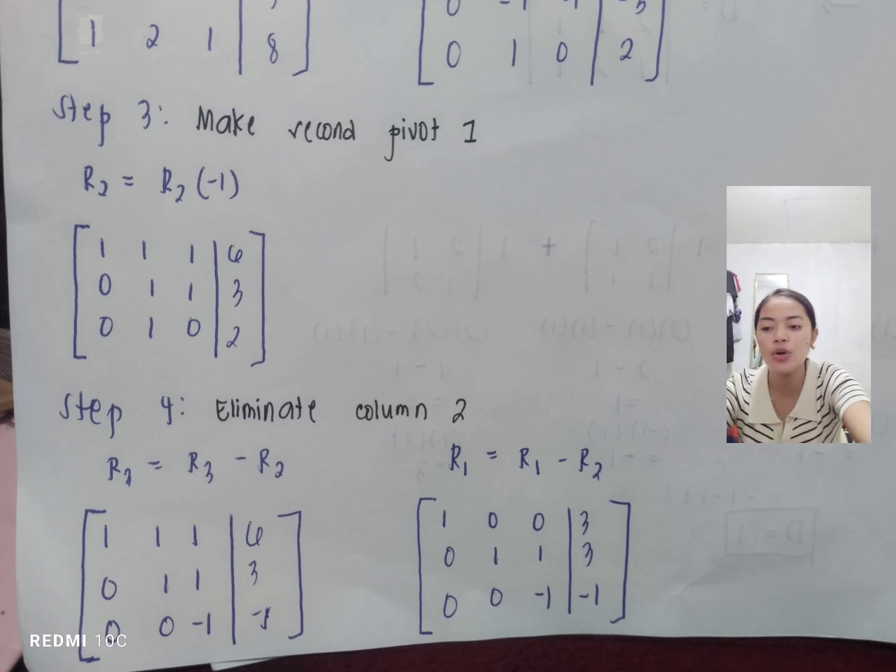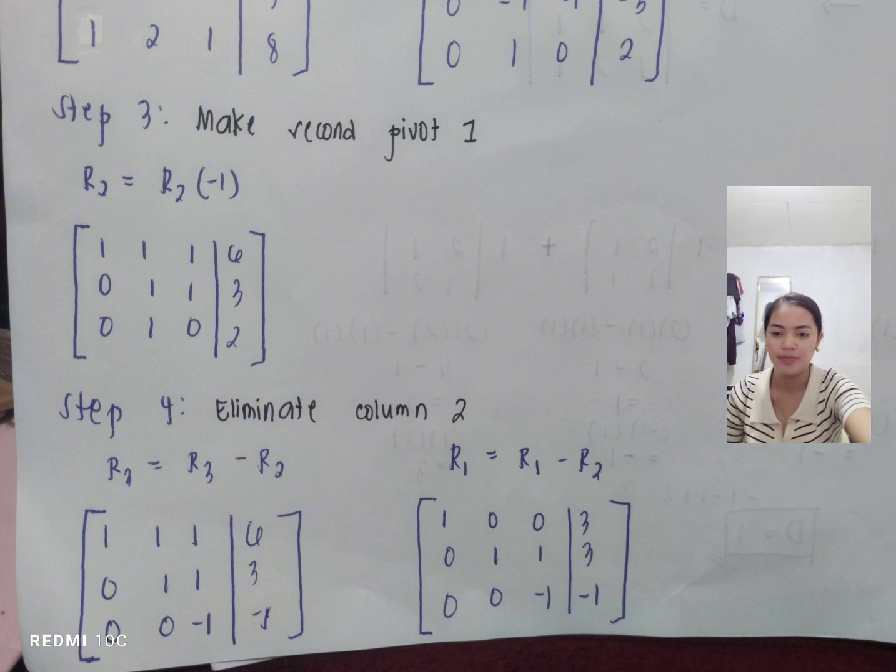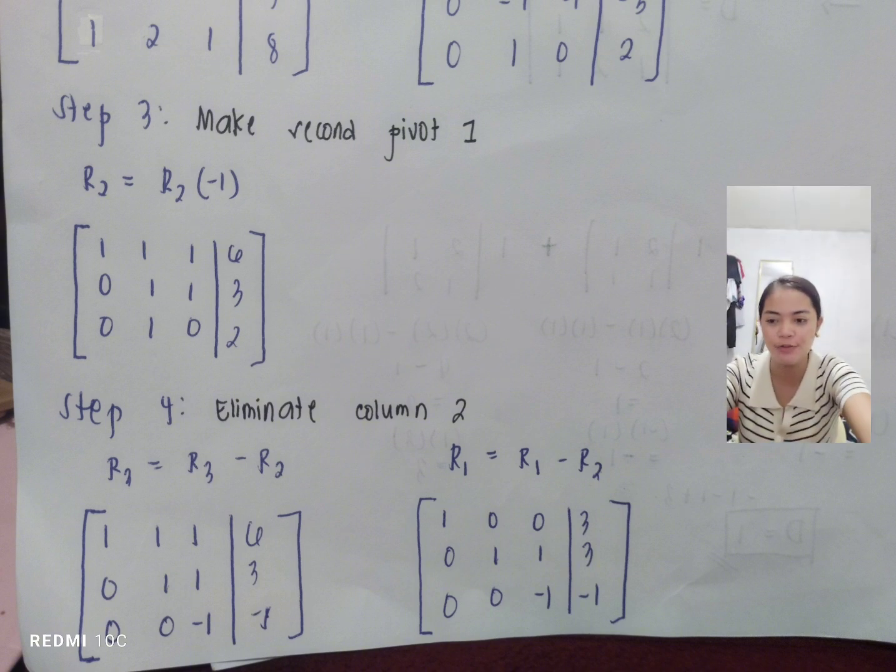So to get row 2, we need to multiply row 2 by negative 1. So it will become positive because that is our goal. Now, our row 2 is equal to 0 1 1 3. Okay? So from negative, it turns into positive 1.